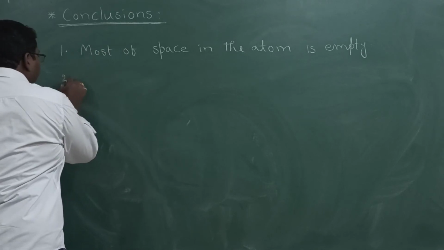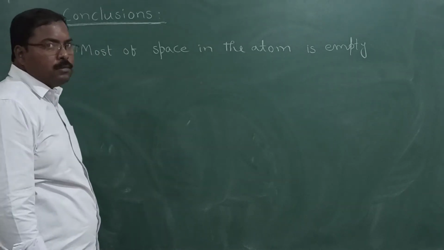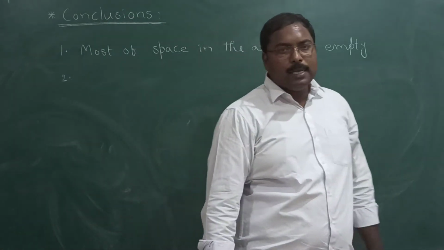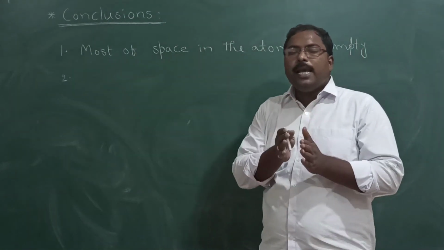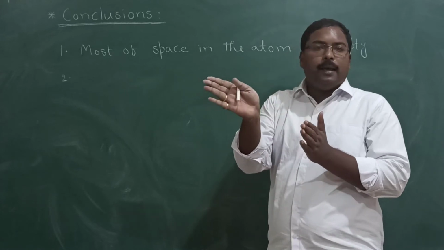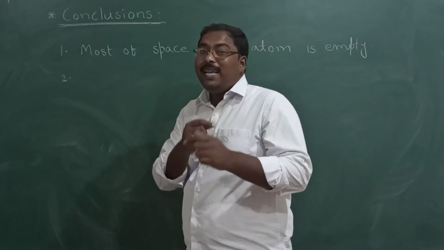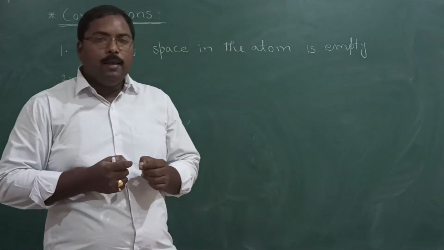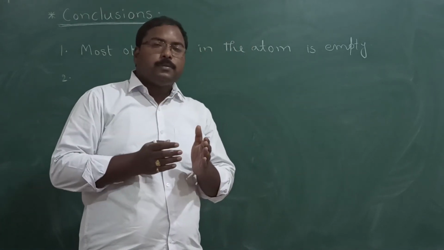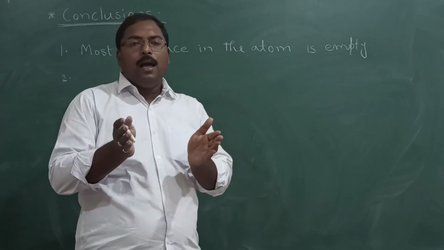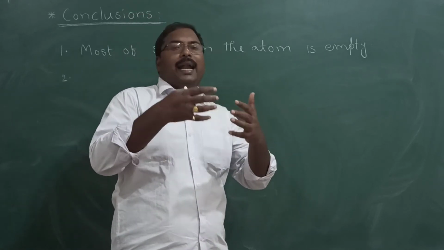Now coming to the second conclusion, from the second type of rays. What is the second type of rays? Some of the rays were deflected. Okay. So first we need to know why they are deflected. Generally we know that same charges repel each other, opposite charges attract each other.